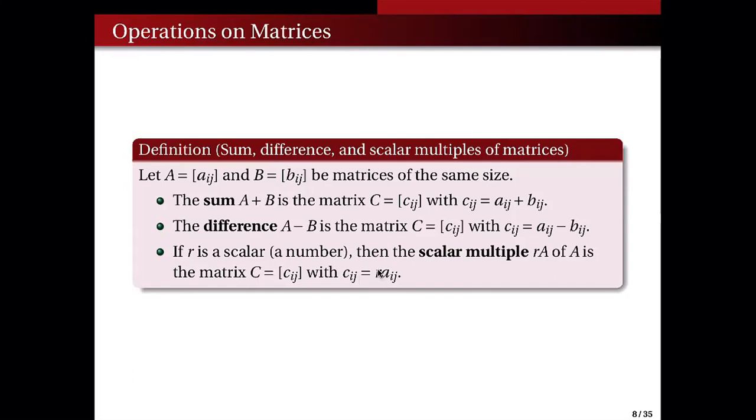This means that you just multiply this number R to all the entries of A. So sum, you add entry-wise. Difference, you subtract entry-wise. Scalar multiplication, you multiply the scalar to all the entries of the matrix.